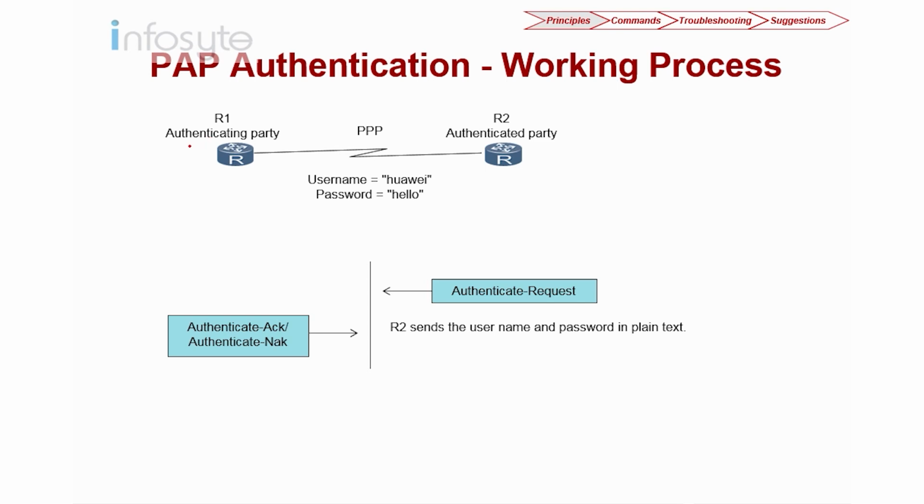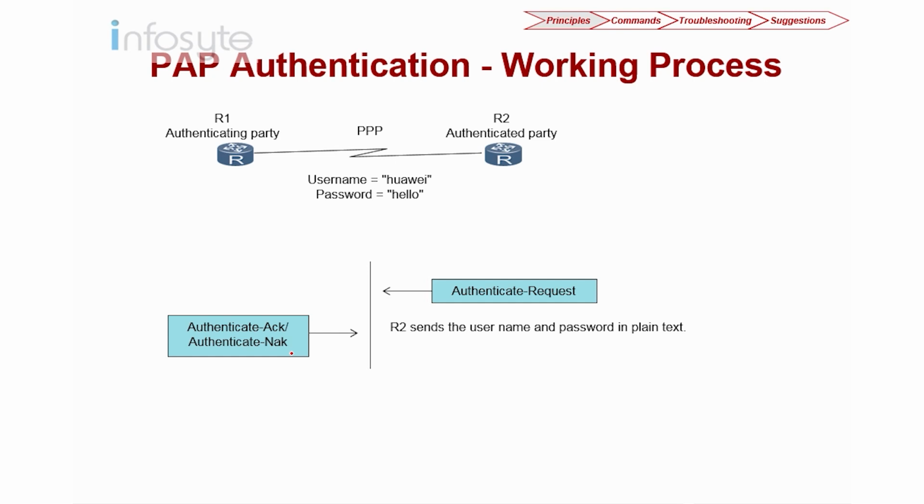On R1 I have the authenticating party and on R2 I have the authenticated party. The authenticated party is going to send a request. R2 sends the username and password in plain text, whereas the authenticating party is going to accept it or reject it based on the negative acknowledgement. Right, so this is the PAP.